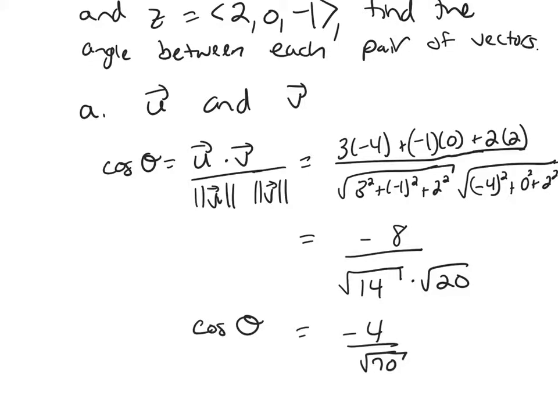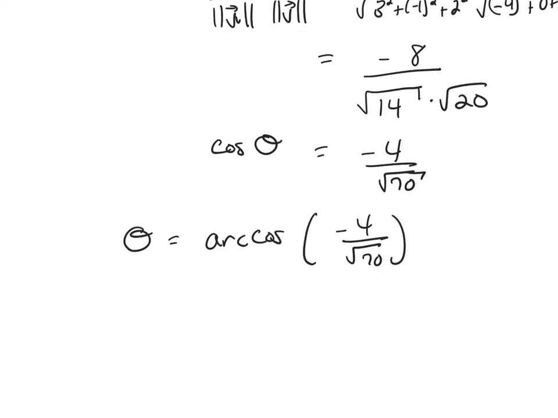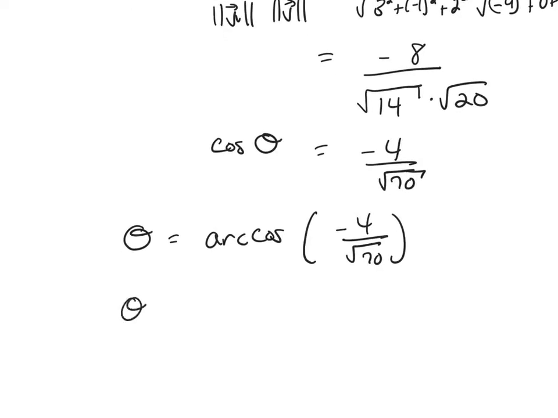Now what we really wanted to know was what theta was. So to find theta, you're going to have to use your calculator and take the inverse cosine, or arc cosine, of -4 over the square root of 70. And your calculator will spit out that theta is approximately 2.069 radians.